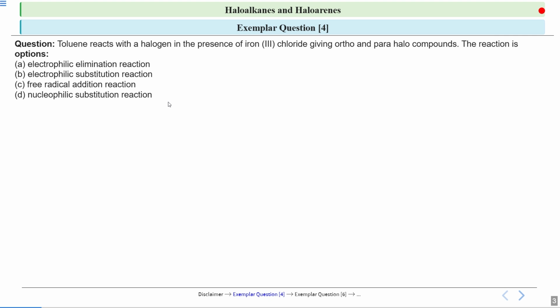Then this reaction is of which kind? You have to tell. The options are electrophilic elimination reaction, electrophilic substitution reaction, free radical addition reaction, or nucleophilic substitution reaction.